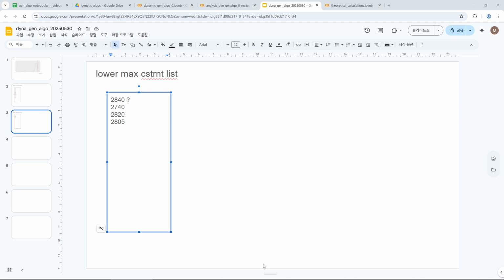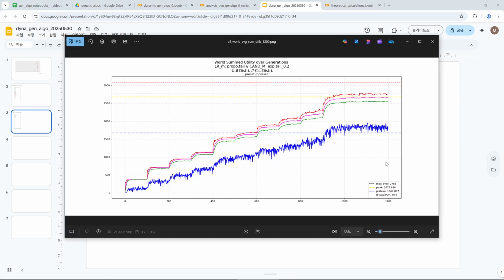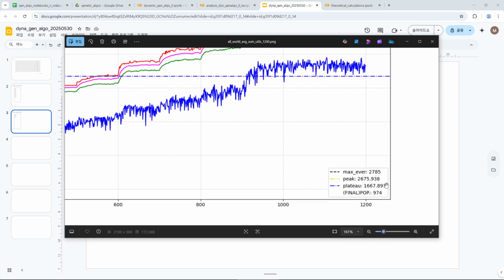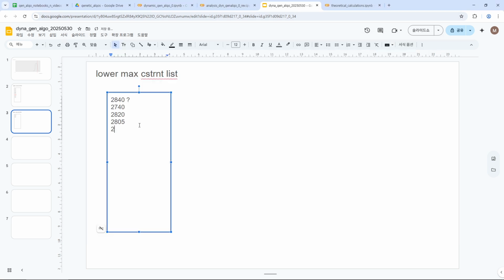So this is just like that last time when it gave us 2740, but with 200 additional generations, and this is what we got, 2785. So let's just write that. It is still higher than 2740, but this is the result of 200 more generations, so I don't think that's a lot of improvement. Still an improvement nonetheless.